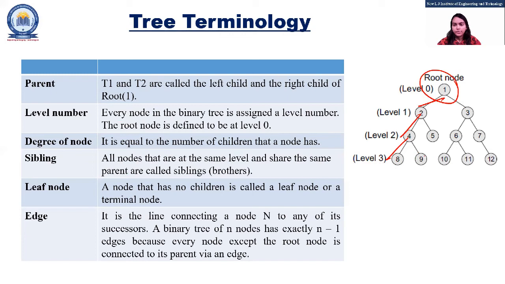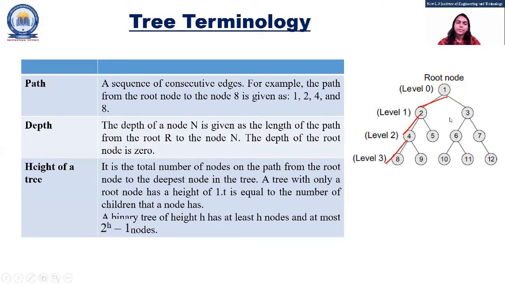If 3 is connected to 1, 3 is a successor of 1, so they are connected by an edge, and multiple such edges form a path. What is depth? The depth of a node is the length from the root to the given node. It is similar to level only, so the depth of the root node is 0.